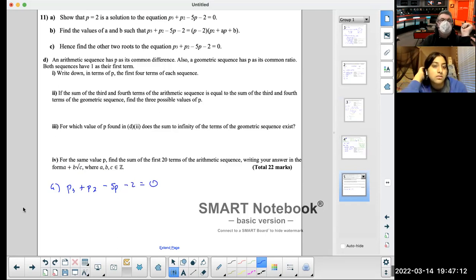So I guess then it would be like P cubed plus P squared minus 22, minus 12. Oh, yeah, minus 12. So hold on.